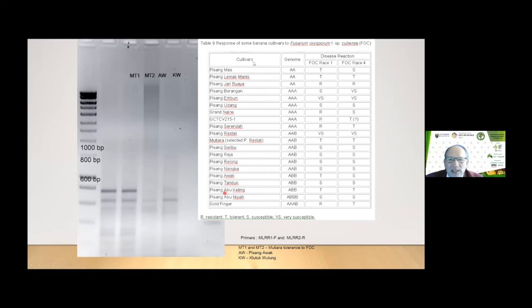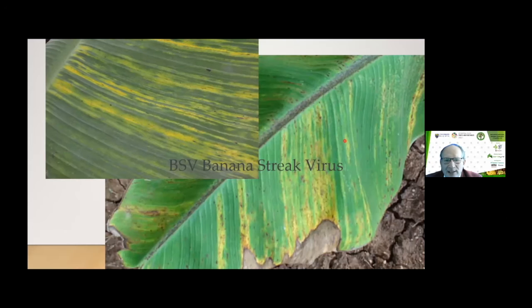And here we can see some screening, including a mutant variety, which is another way to alter control of disease resistance, and the Mutiara variety, which is part of the Malaysian Pistan-Rasali complex, which is giving good tolerance to both race 1 and race 4 of the fusarium. So these are some of the ways that we can look at variation and find it.